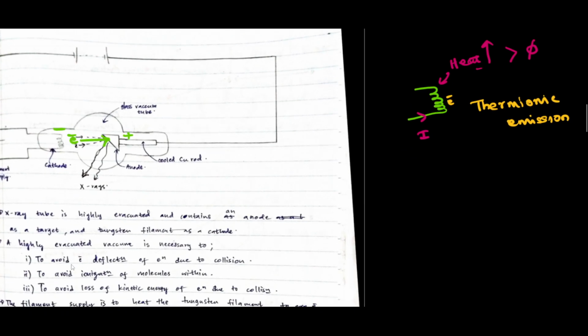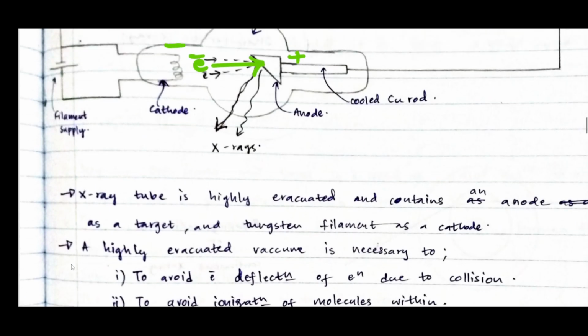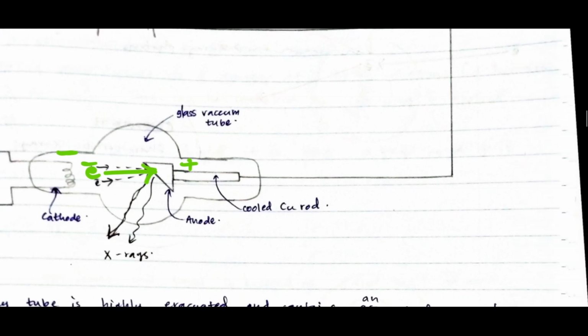When an electron is ejected, it gets accelerated due to the electric field produced by the external supply.